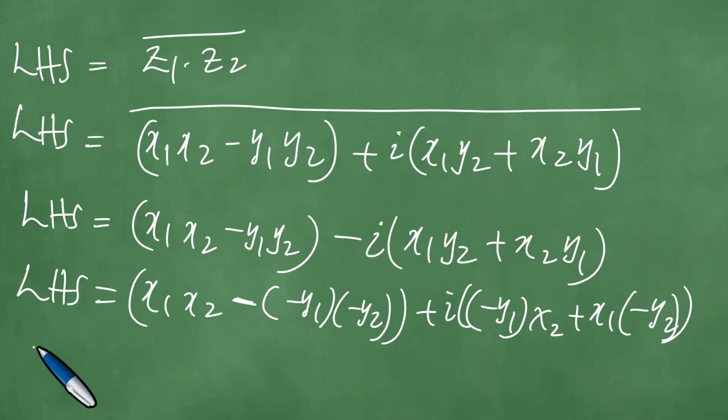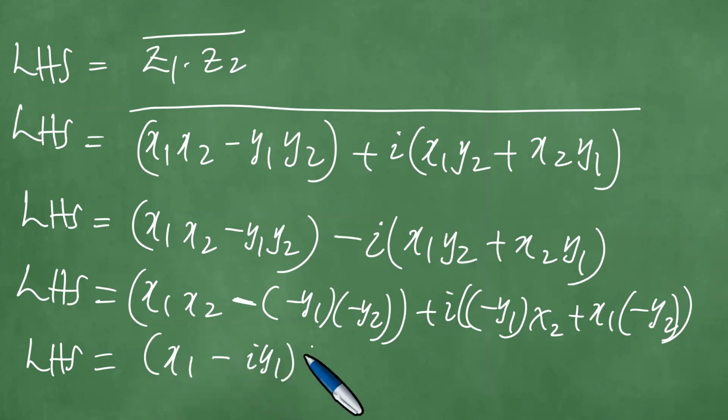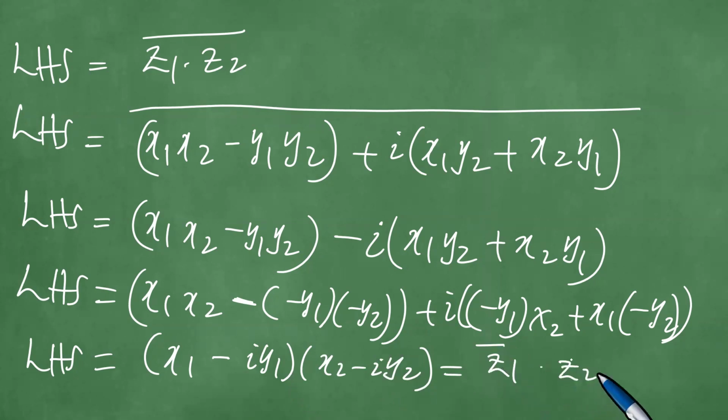Now, we are able to factorize this into (x1 minus i y1)(x2 minus i y2). If you factorize it like this, it is the same as z1 complex conjugate times z2 complex conjugate.